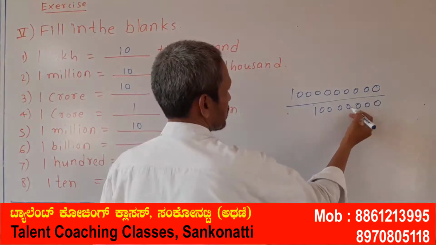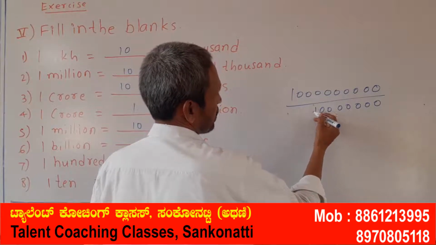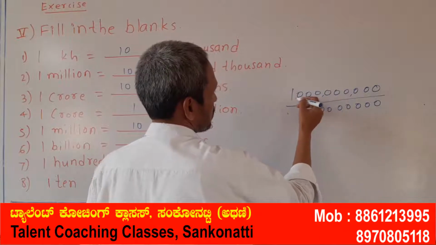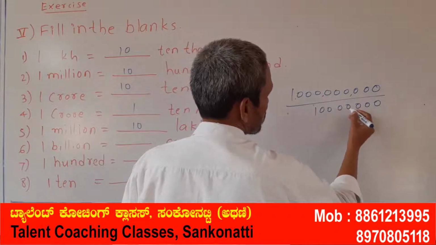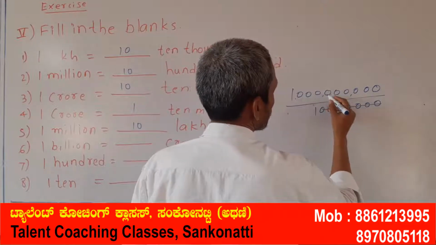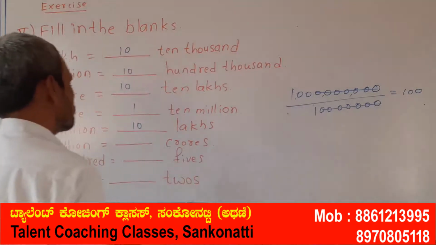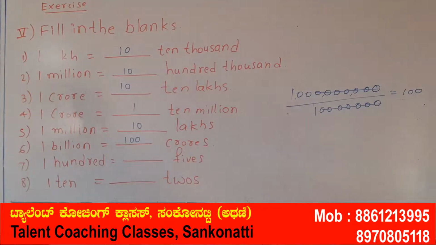Here unit, 10, 100, 1000, 10,000, lakh, 10 lakh, crore. This is unit, 1000 group, million group, billion. 1 billion we divide by 1 crore. 7 zeros, here also we take out 7 zeros. So in 1 billion, 100 crores are there.